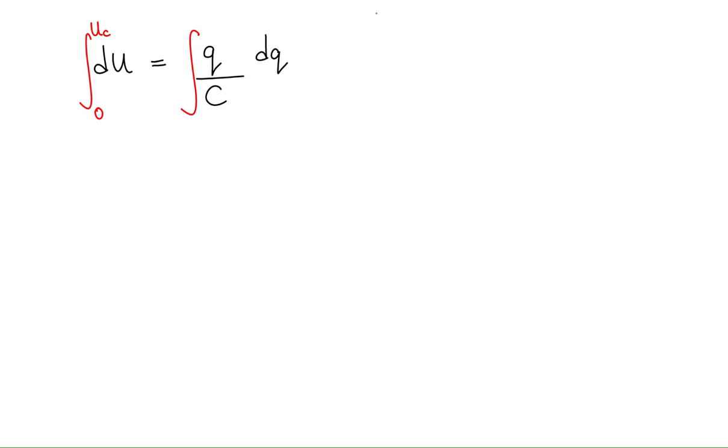So I'll call that U sub C. So we're going to integrate the potential energy from 0, from the negative plate, to the positive plate, which we're going to say is at the value U of C. For charge, we are starting out with a small amount of charge, so small that it's infinitesimally small, 0. And we're ending up with a charge Q on our plates.